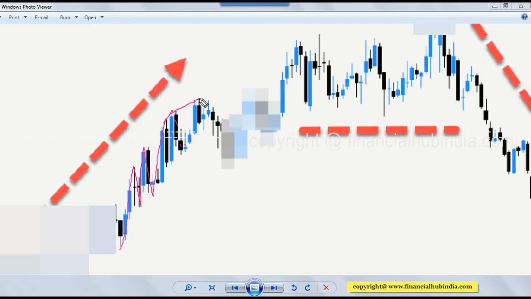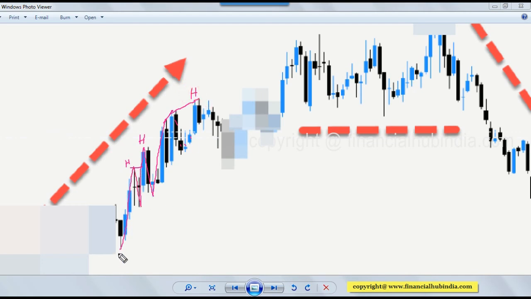Then from here we go up to here, right? And then from here we'll have to come down now, right? So far what we have, we have the first high, and then we have broken the previous high and made a new high, and again we made a new high.